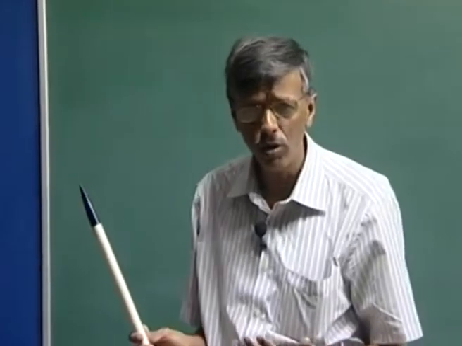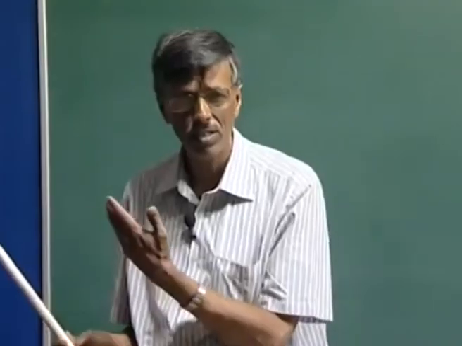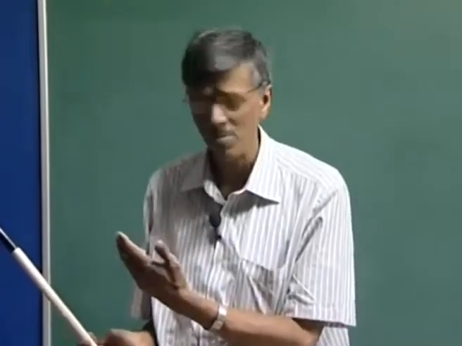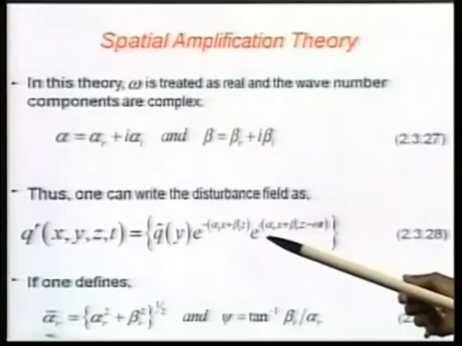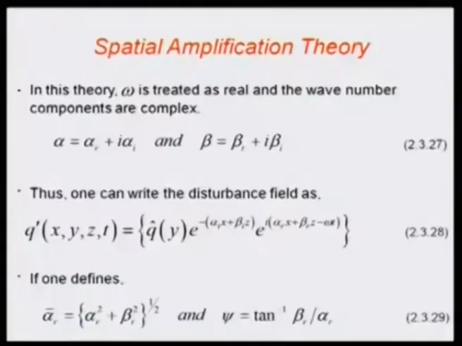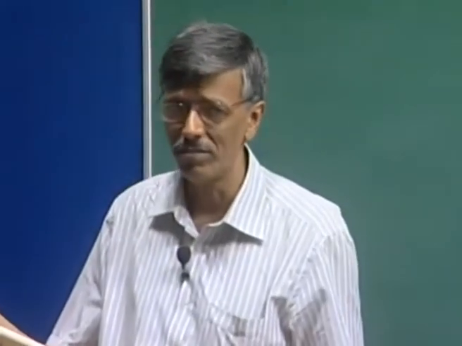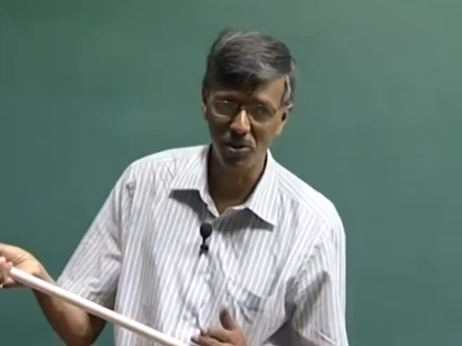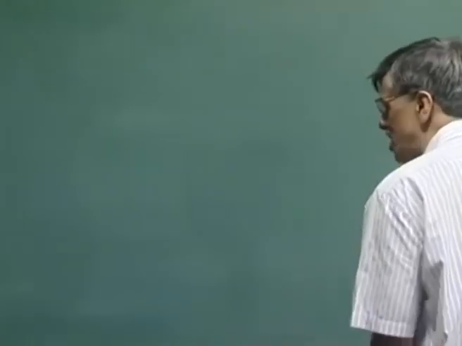That would indicate the direction in which the disturbance is propagating. However, alpha i and beta i need not necessarily be in the same direction. That means the wave may go in one direction, but it can grow in some other direction. This is something that we must appreciate.